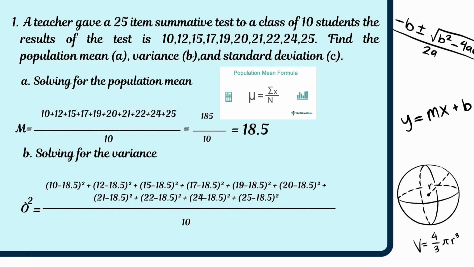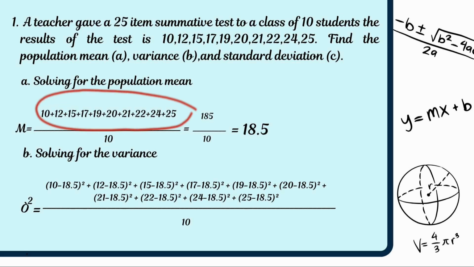Now let's substitute our given values. Mu is now equal to 10, 12, 15, 17, up to 25 over 10. So we're going to add all these values and divide by 10, and it equals 18.5. So the population mean is 18.5.